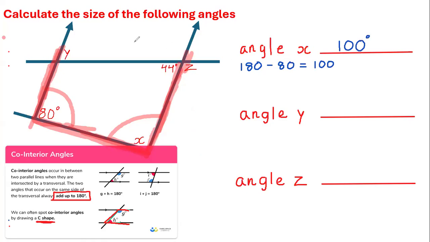By the way, what is the reason? Co-interior angles add up to 180. Very good reason. Co-interior angles add up to 180 degrees.